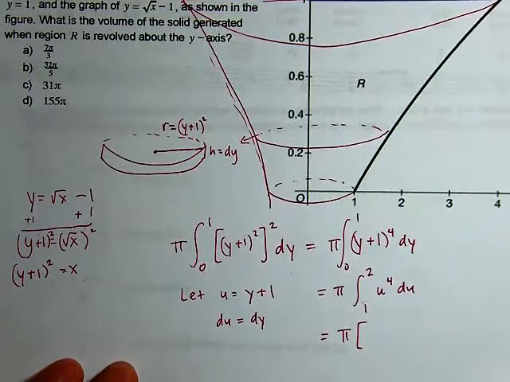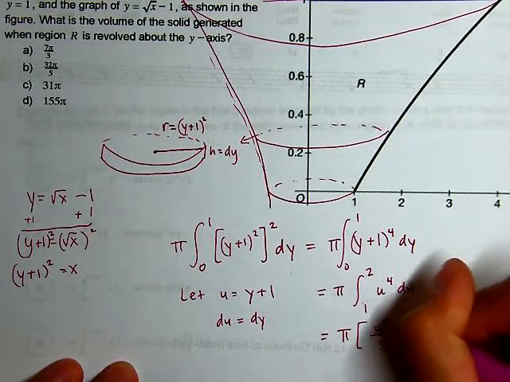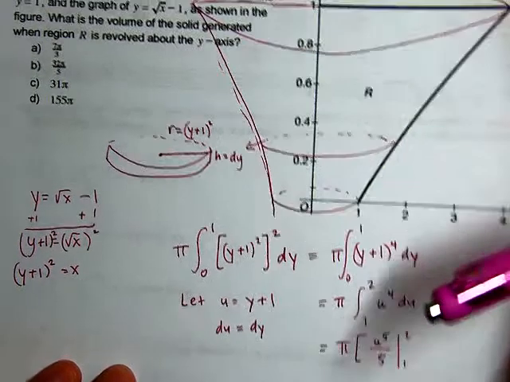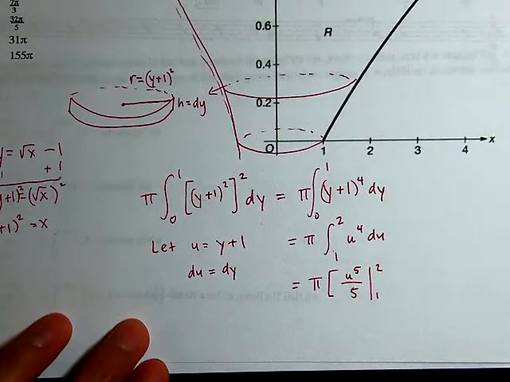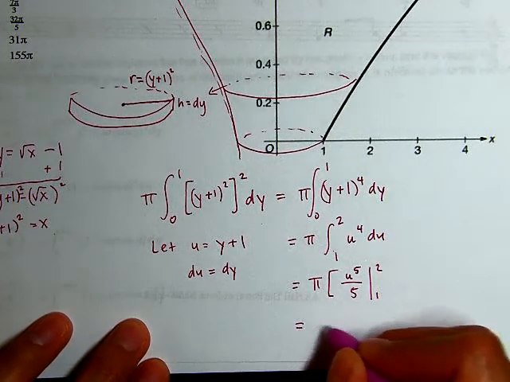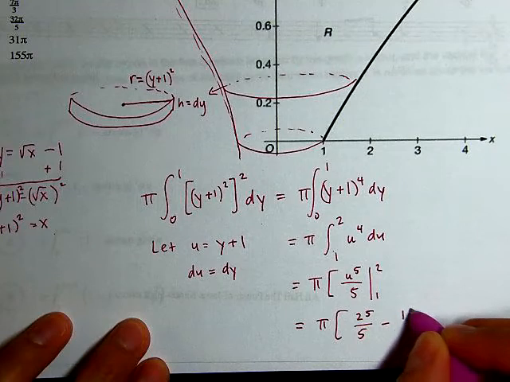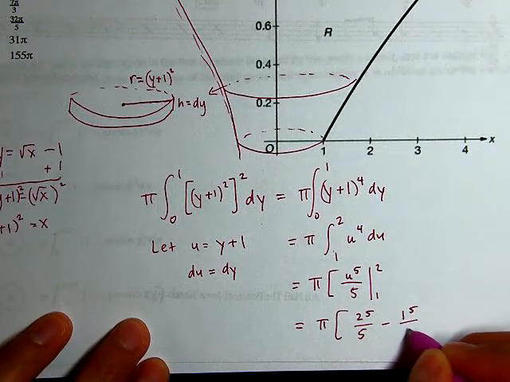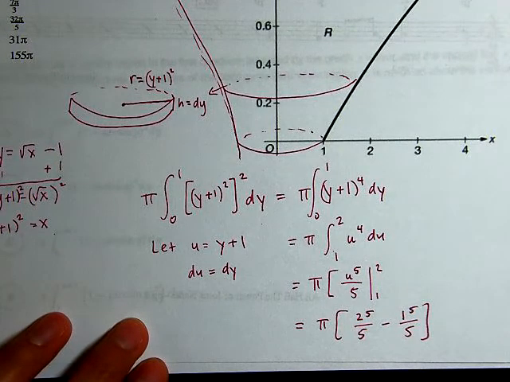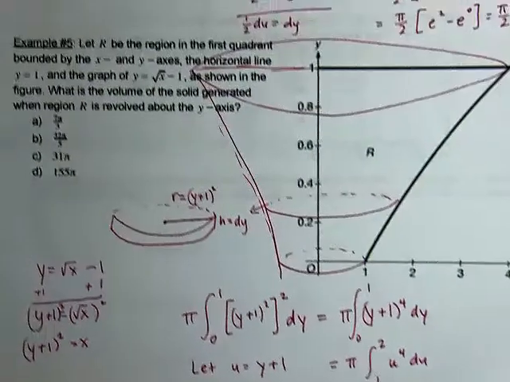The antiderivative of u to the 4th is u to the 5th divided by 5, and I'll go ahead and plug in those limits from 1 to 2. All right, so if you go ahead and work all that math out, you will get letter B, 32 pi over 5.